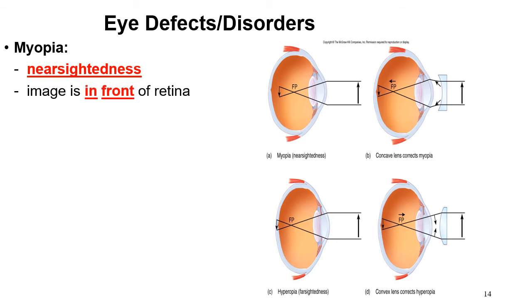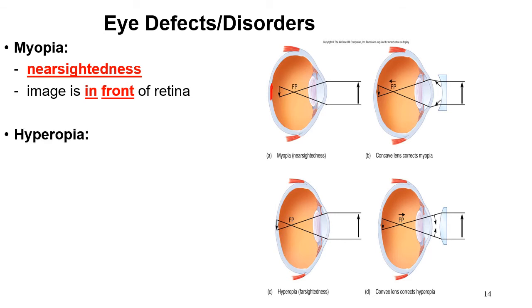The reason is the image is in front of the retina. In other words, it's falling short of the retina. So here is where we're supposed to focus everything, right here in this retina region, but we're a little bit short. Glasses or contacts, as you can see in letter B, put that image exactly where it's supposed to be on the retina so we can actually see what we're supposed to see.